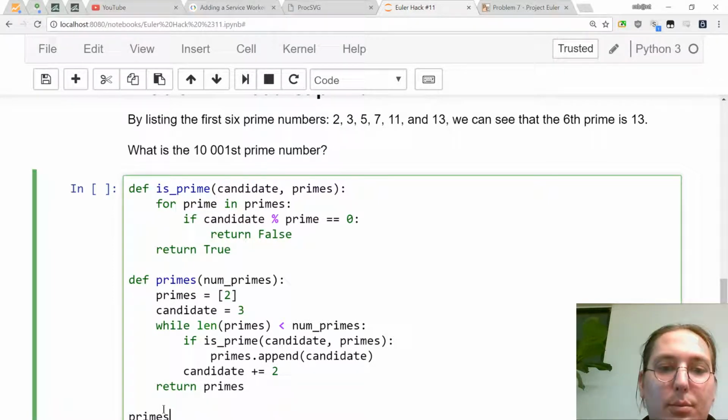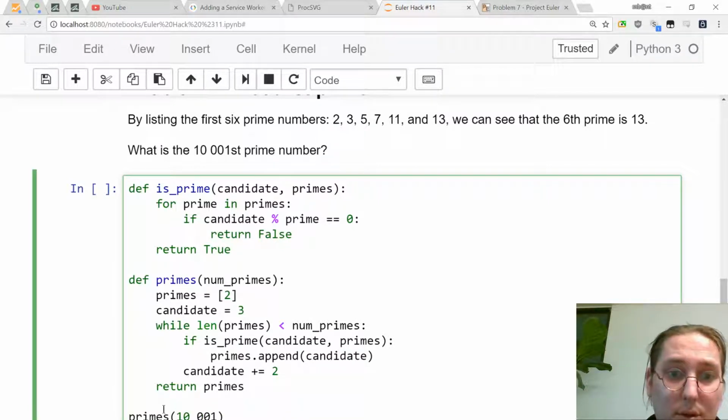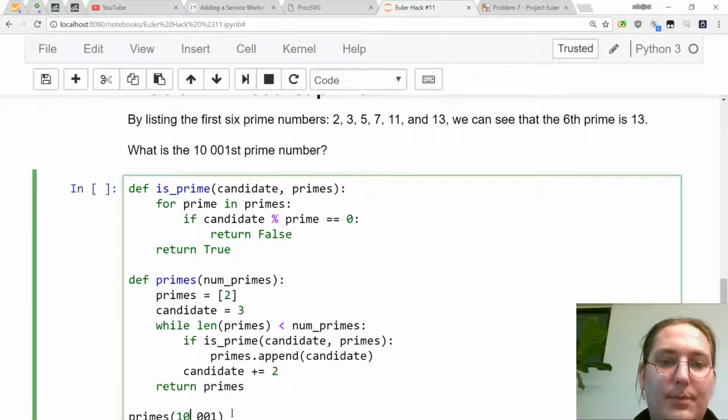So let's see. Primes up to 10,000. We do it for a small number first. Okay.